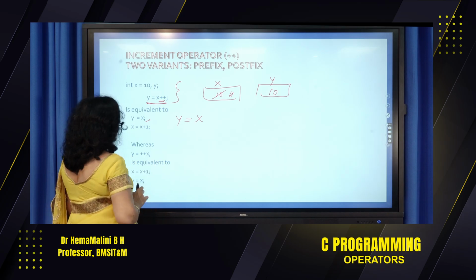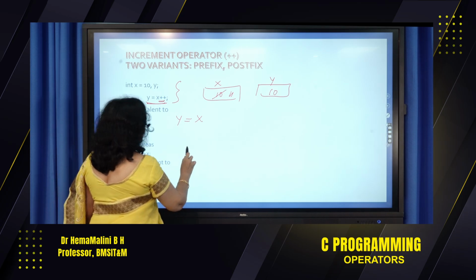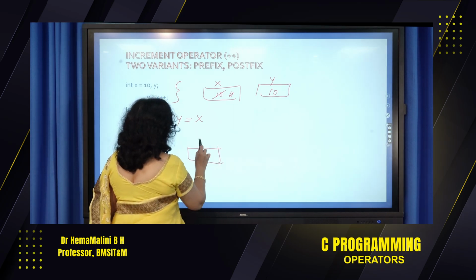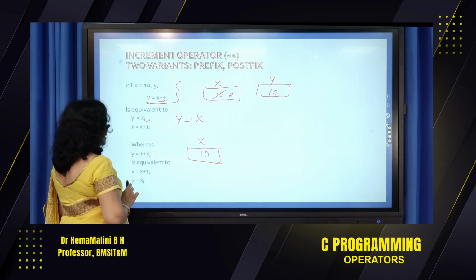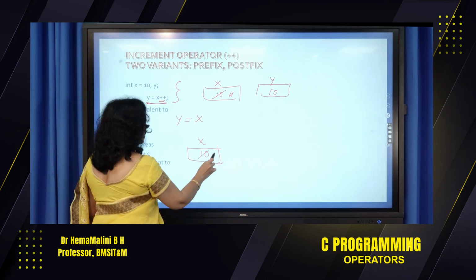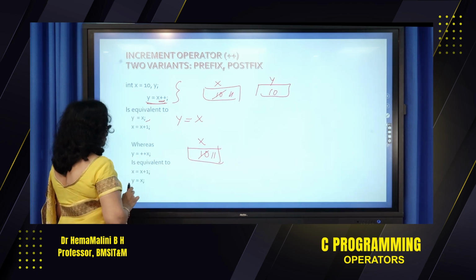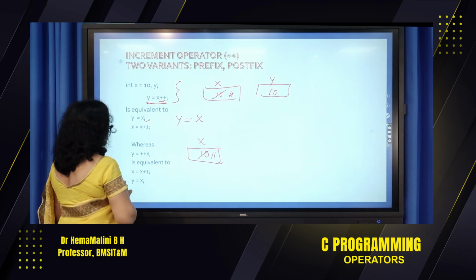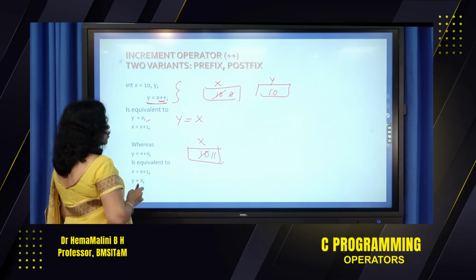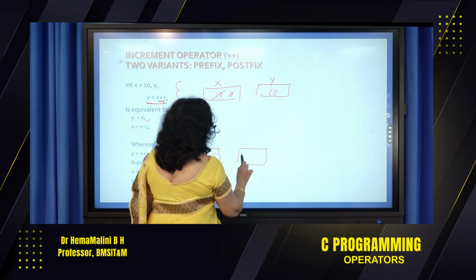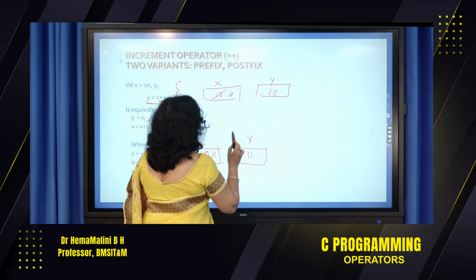Let us look at this example. Say for example, x is 10, y equals plus plus x. So first I will increment x. This is pre-increment. First I will increment x. X will become 11. That 11 is stored to y. So y will get 11.